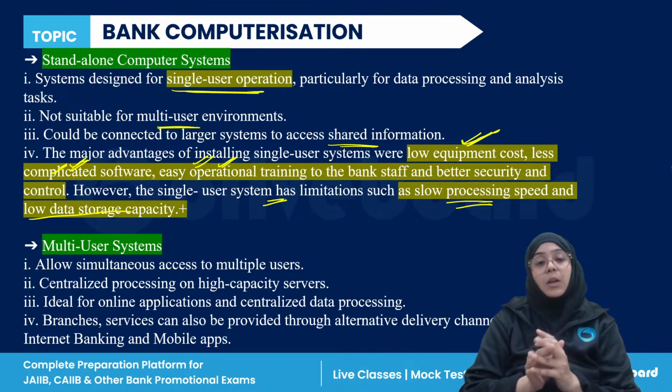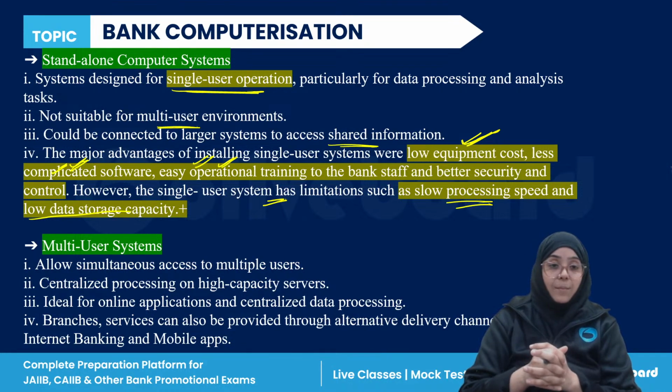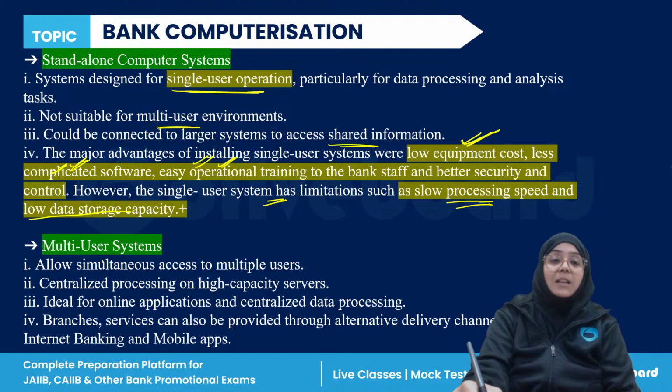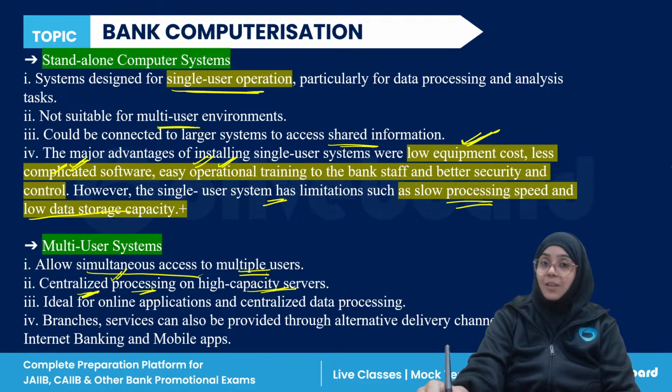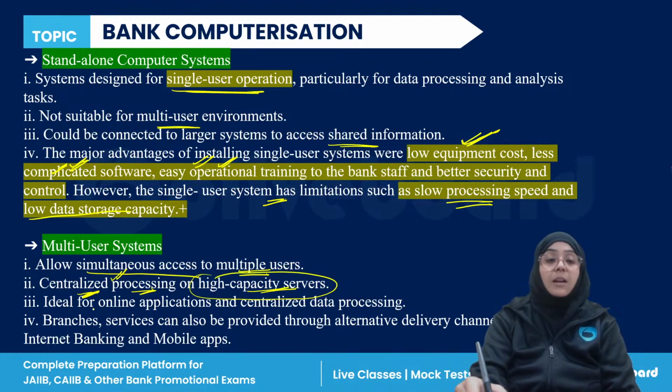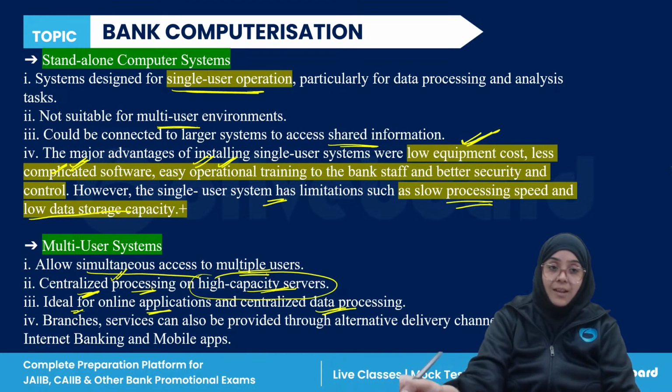Clear? Now, the multi-user system, first of all, allows simultaneous access to multiple users. Second, it has centralized processing on high-capacity servers. Third, it is ideal for online applications and centralized data processing.